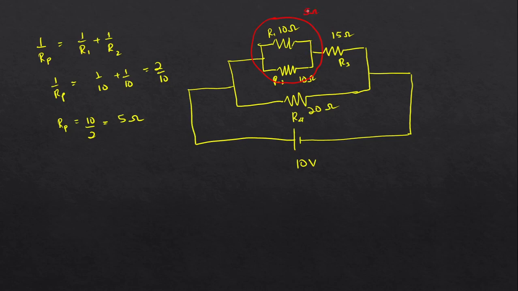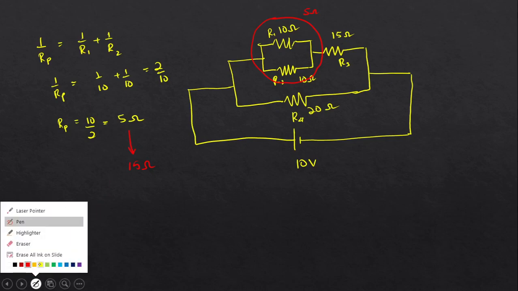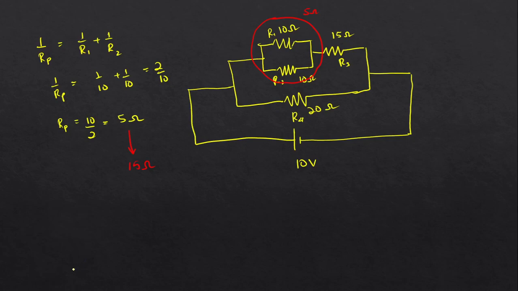But this 5 ohm is connected to the 15 ohm resistance, and these two are connected in series. Then the values of resistance should linearly add up. So the total resistance in this part of the circuit, because of R1, R2 and R3, will be equal to 5 ohms plus 15 ohm, which will be equal to 20 ohm.